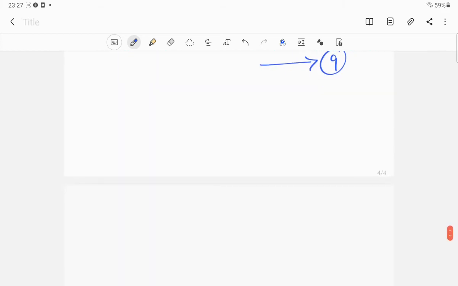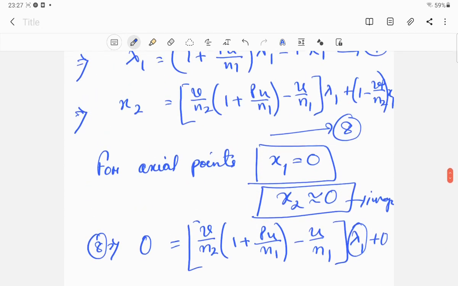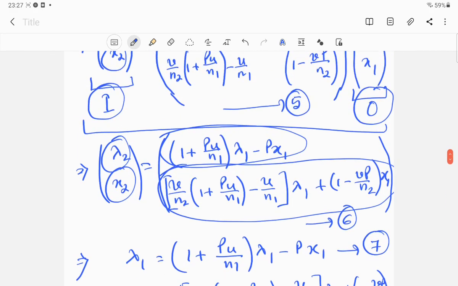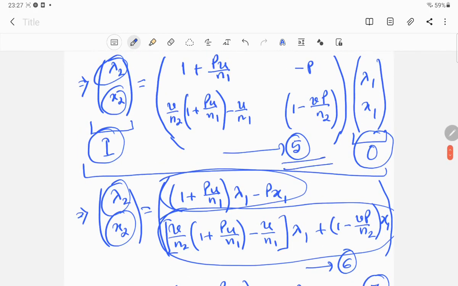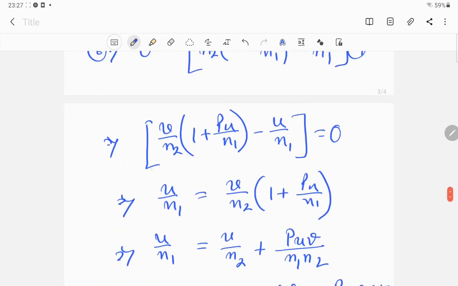So going back to equation number 5, what changes will occur there? You see, this thing is now 0, because here you have seen that this has become equal to 0.